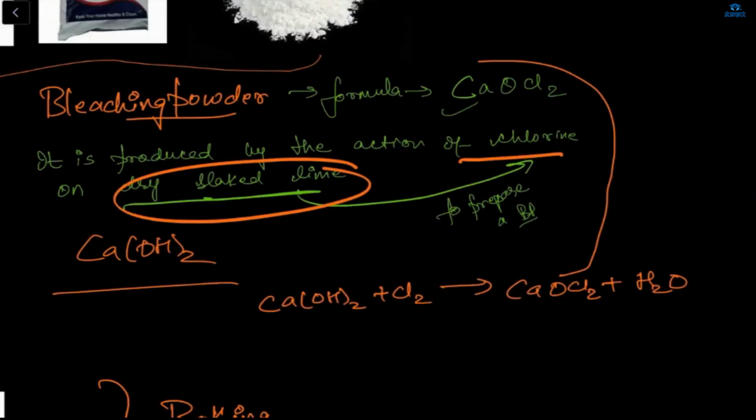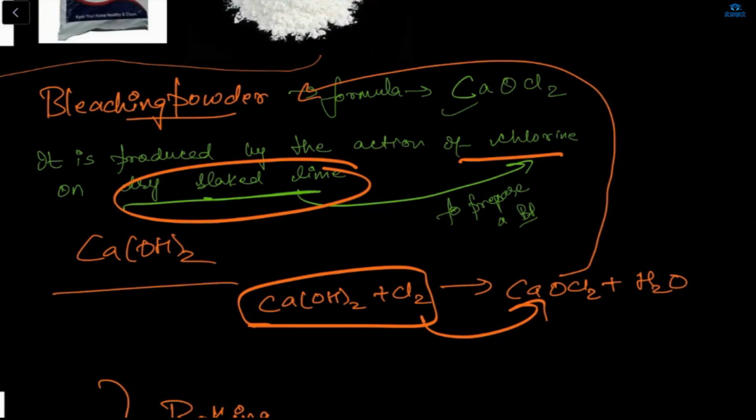CaOCl2, calcium oxychloride, is nothing but bleaching powder. So by combining dry slaked lime with chlorine gas, we produce bleaching powder. If we combine chlorine gas and calcium hydroxide, then what do we get? We get bleaching powder and some water.